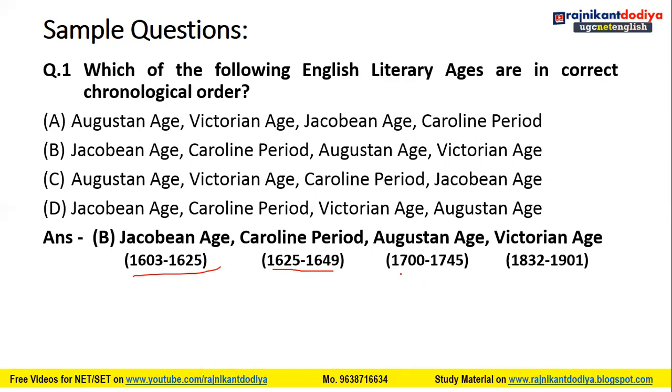Then Augustan age began in 1700 and ended in 1745. Then Victorian age began in 1832 and ended in 1901. So option B is correct here. The correct chronological order of these periods is Jacobean, Caroline, Augustan, and then Victorian.